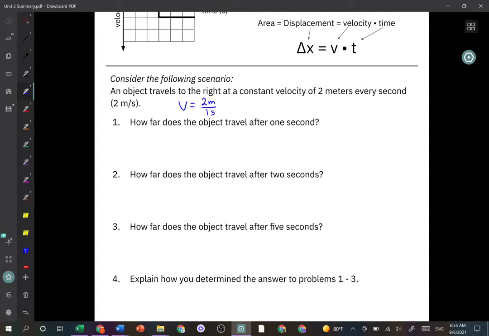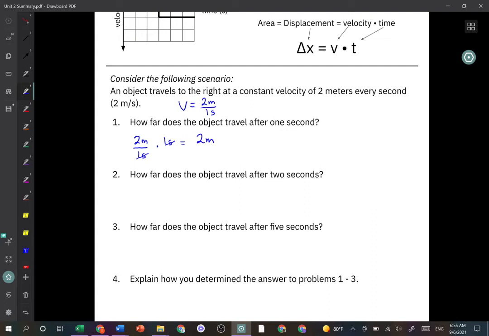Question 1. How far does the object travel after 1 second? Well, if we know that we are traveling at 2 meters every 1 second, if we travel for just 1 second, we will have traveled 2 meters in distance.